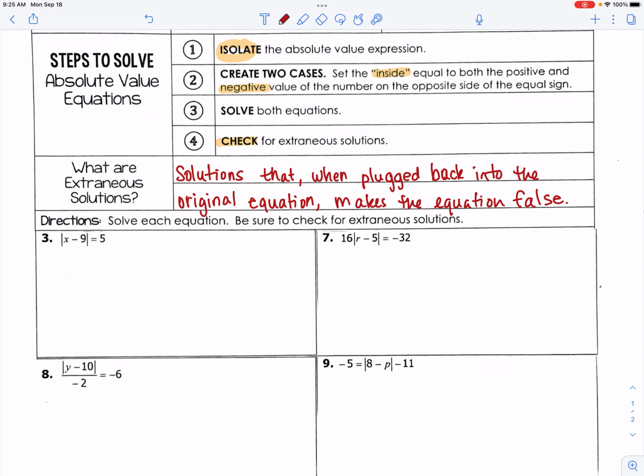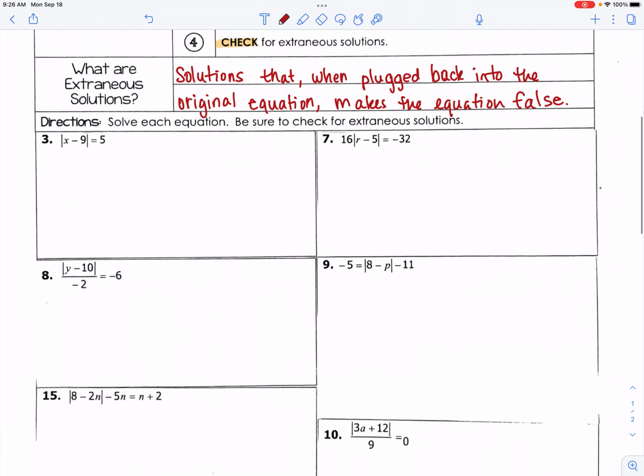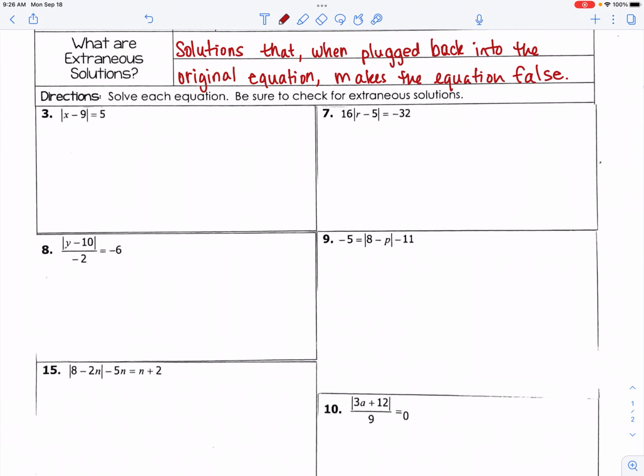So when you plug it in, it is not a true statement. So we always have to check for extraneous solutions when solving for absolute value equations.